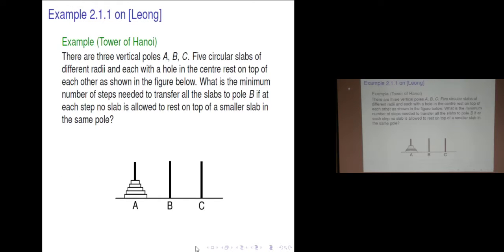So here, when can we move the last one to B? We can only do this by moving the top 4 slabs to C, and then we can move the last one to B. This is the key observation. If you understand this, the rest is easier.